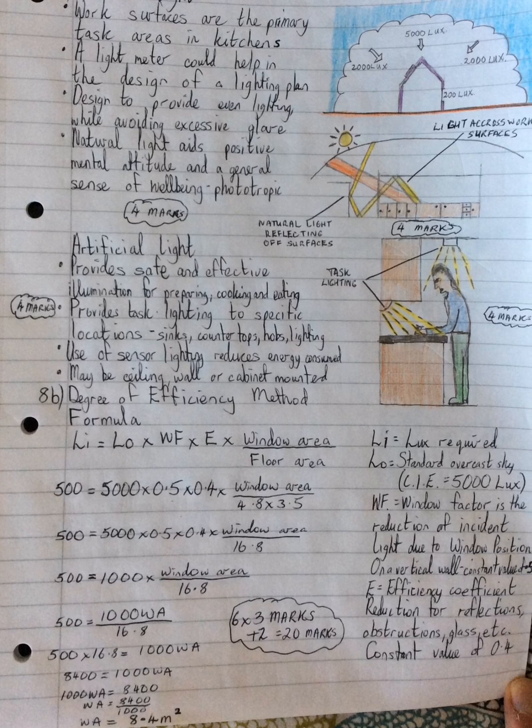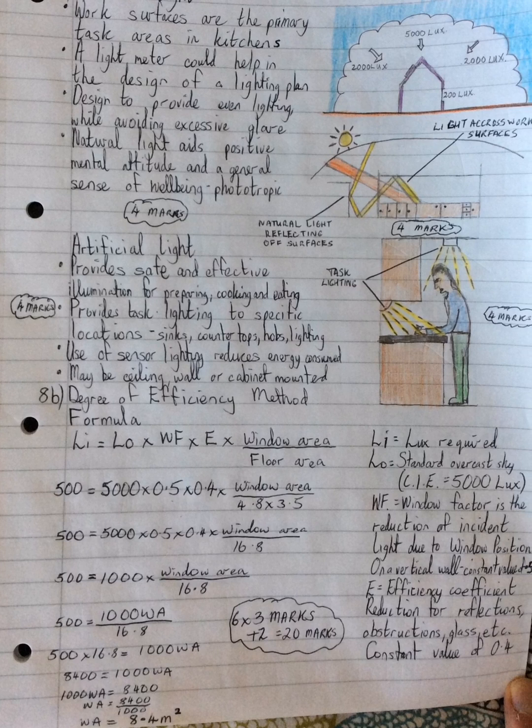We can bring the 16.8 across to multiply by the 500, and we get 8400 equals 1000 WA. If we swap the sides, we want to get the WA on the left hand side, and then we bring the 1000 underneath the 8400 for the window area, and we're getting 8.4 meters squared.